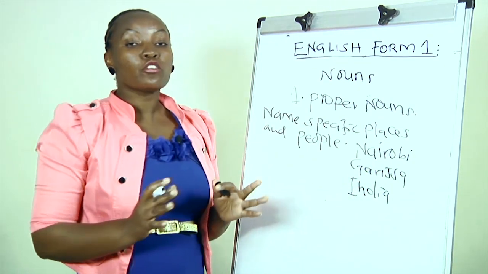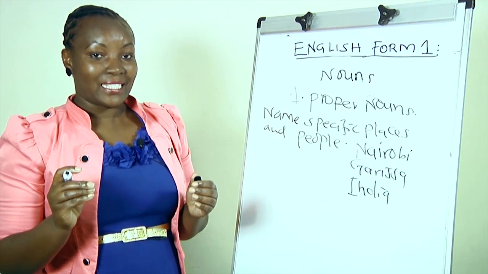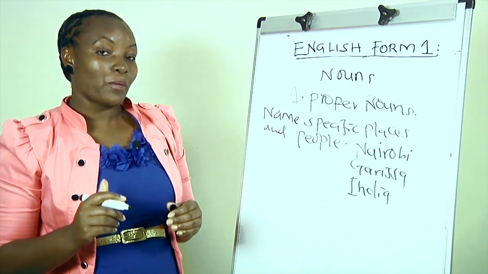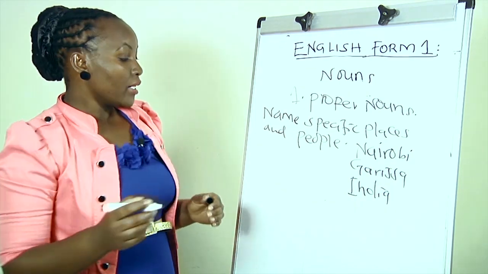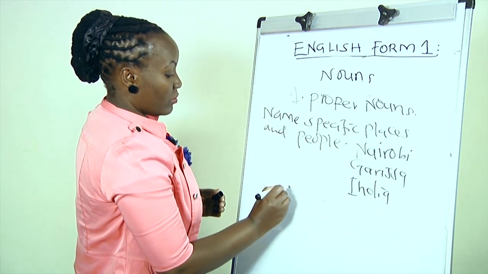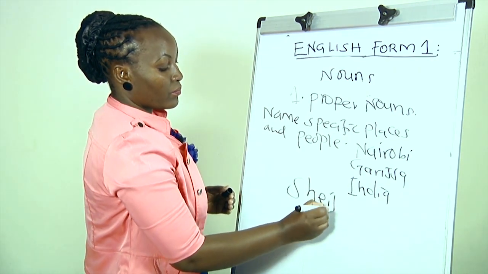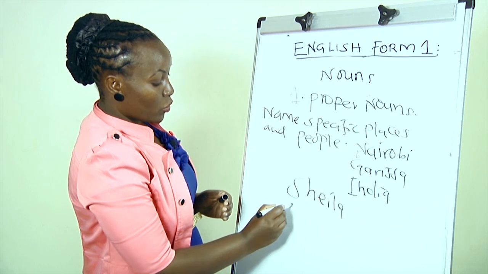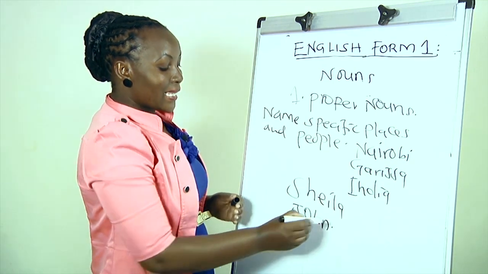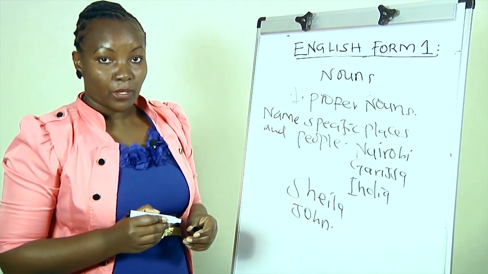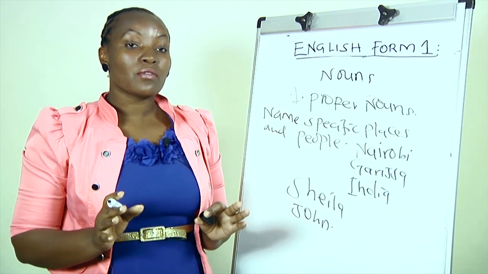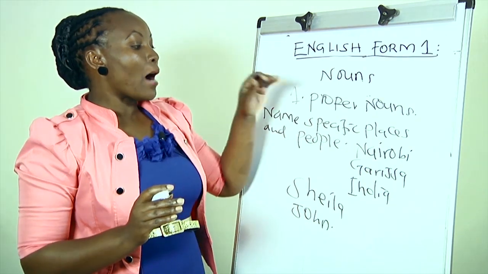So these are names of specific places. But we also have names of specific people. A very good example would be a name like Sheila, or a name like John. These are names of specific people. So when I talk about names of specific people, then I am talking about a proper noun.